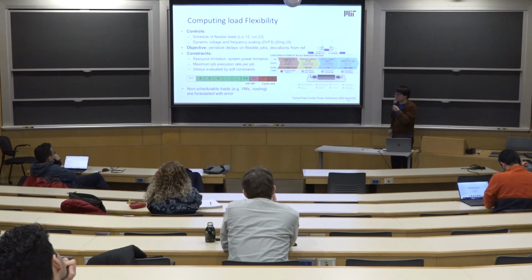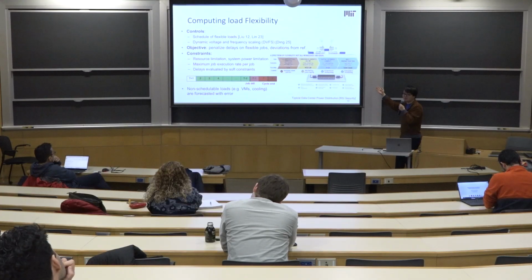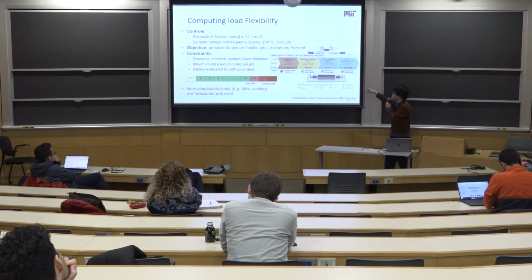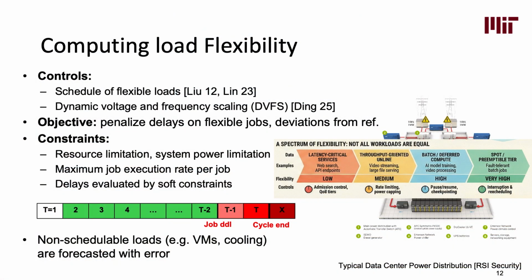So why is that possible? Like I mentioned earlier, here's a more specific example of which types of jobs are more flexible and which are not. For example, web search is real time, so it's never flexible. Video streaming or large file transfer are slightly flexible, but people are usually not very tolerant of delays, so we cannot delay them too much.